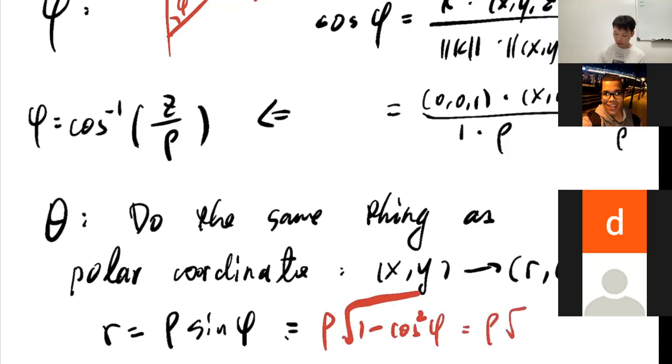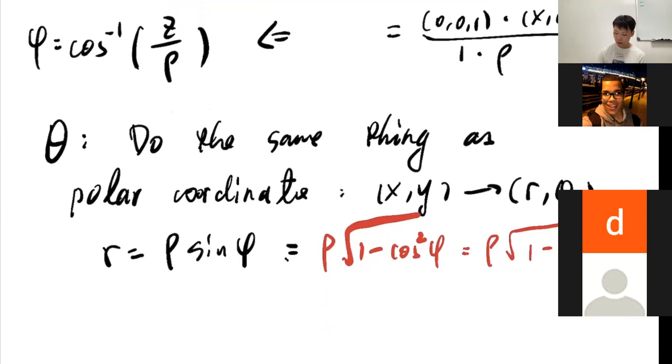So rho times the square root of 1 minus z squared over rho squared. And then you can put the rho back inside the square root. It becomes the square root of rho squared minus z squared.